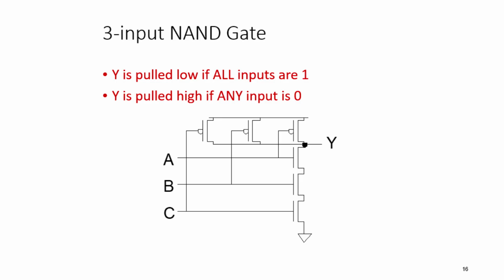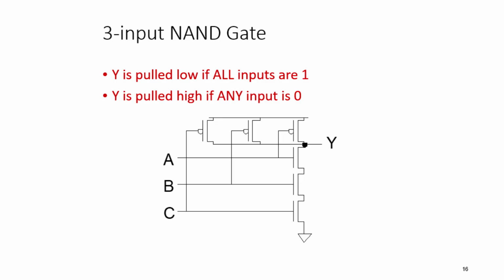In a similar way, if you keep on increasing your number of inputs, like you can see here, this is the 3-input NAND gate, the number of transistors will also increase with the number of inputs. So you have 3 inputs, 1 input for each transistor.